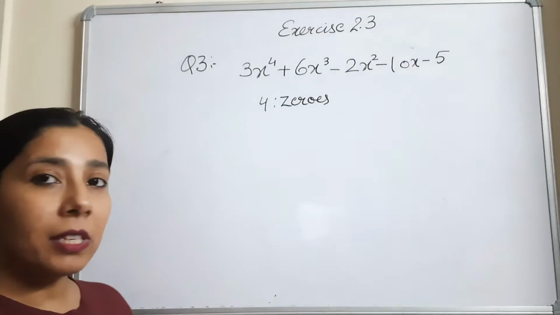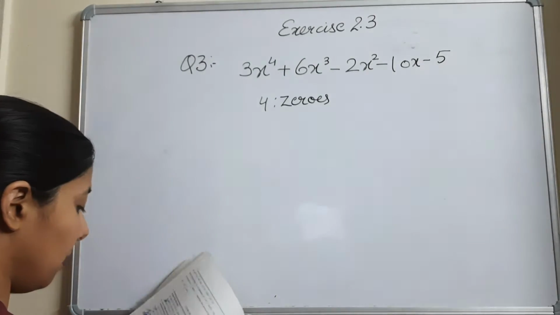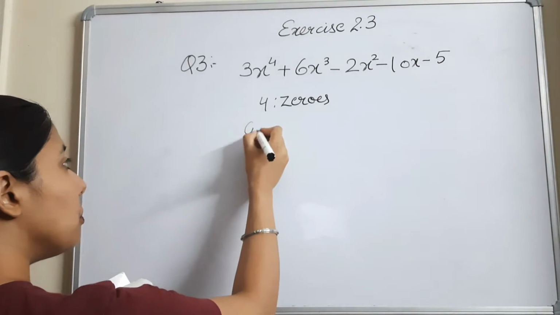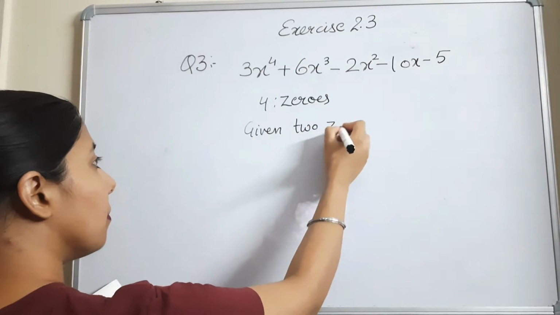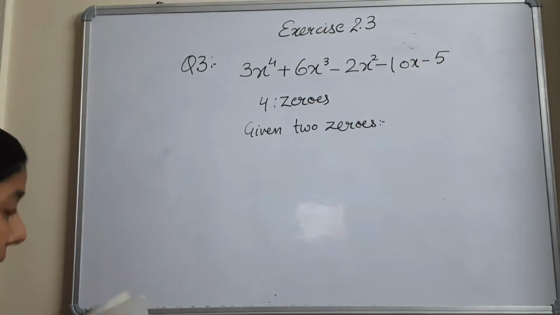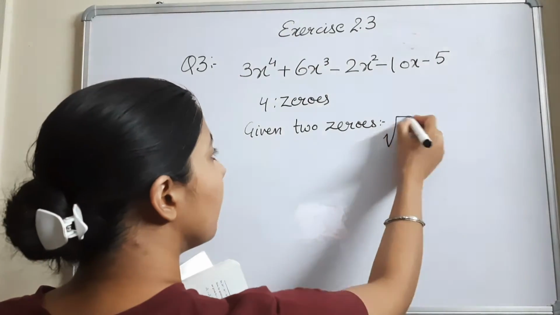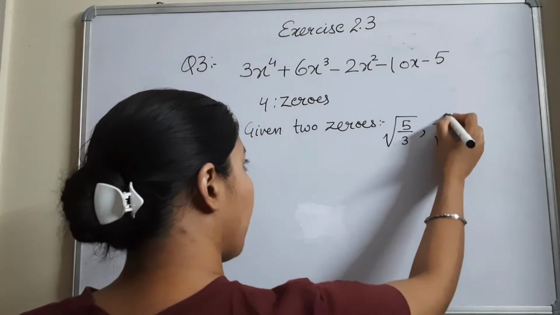And out of these 4 zeros, we are given 2 zeros. The 2 zeros are root 5 by 3 and minus root 5 by 3.